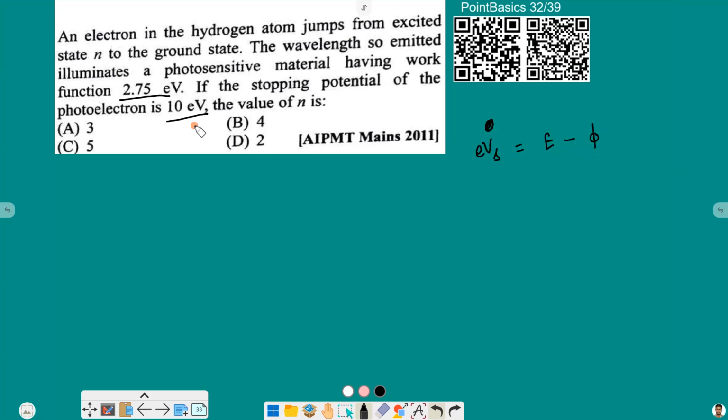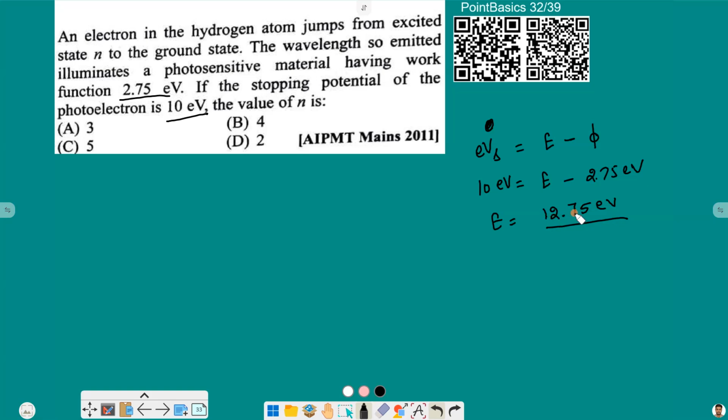Here the stopping potential is 10 electron volt, so 10 electron volt is equal to energy minus the work function, that is 2.75 electron volt. From this we can calculate the energy of the photon that strikes the metal plate or photosensitive material, that is 12.75 electron volt.